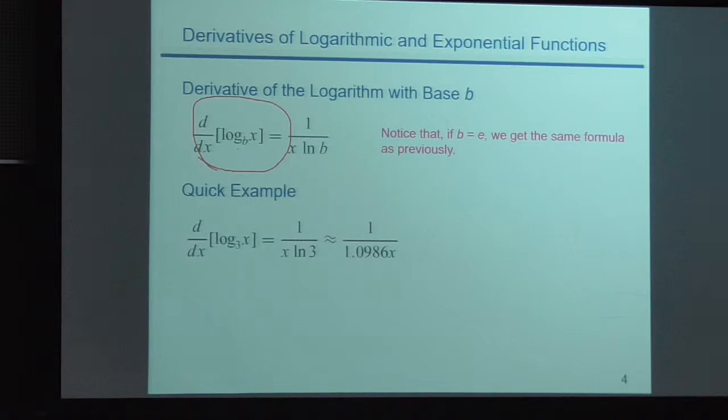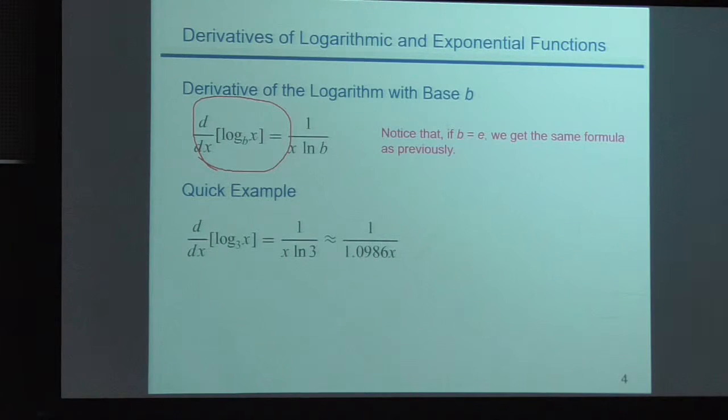This is log base b of x, right? Which is more general, this formula or the derivative of ln of x? This formula includes the case of ln of x. Why?